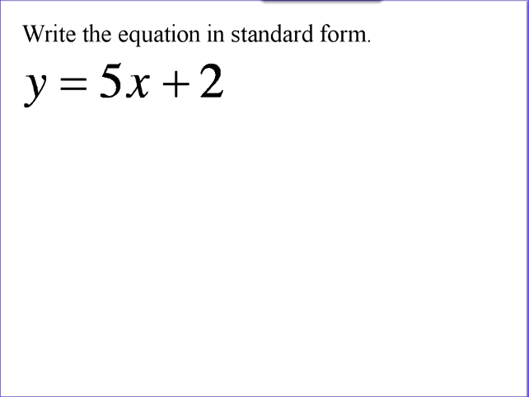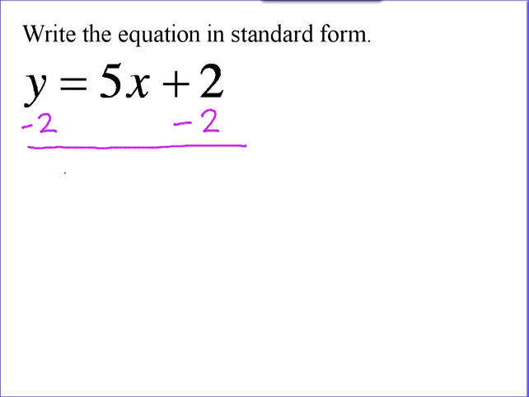So now in standard form, that means I need to have AX plus BY equals C. But we also know that X's term has to be positive. So what I'm going to do here is I'm not going to move the 5X to the left. I'm going to leave the 5X alone. I'm going to start by subtracting 2.